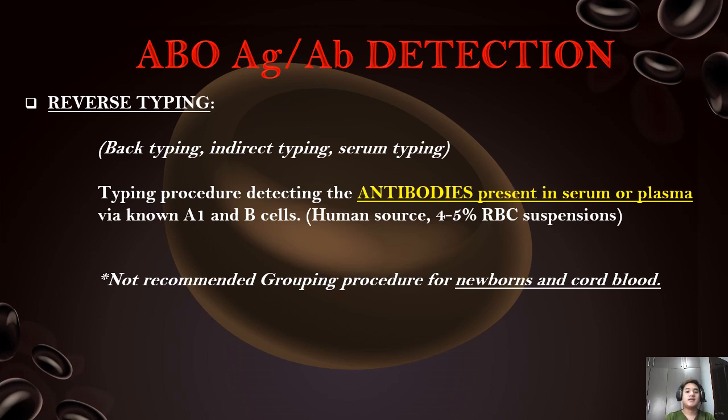This is the main reason why reverse grouping is never recommended for newborns. At the same time, cord blood samples are also not an absolute sample type for newborns since they predominantly contain dilutions with the maternal antibodies.